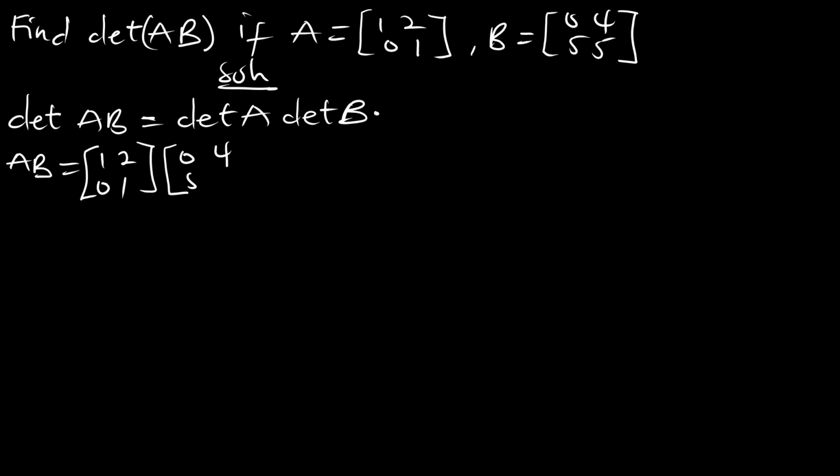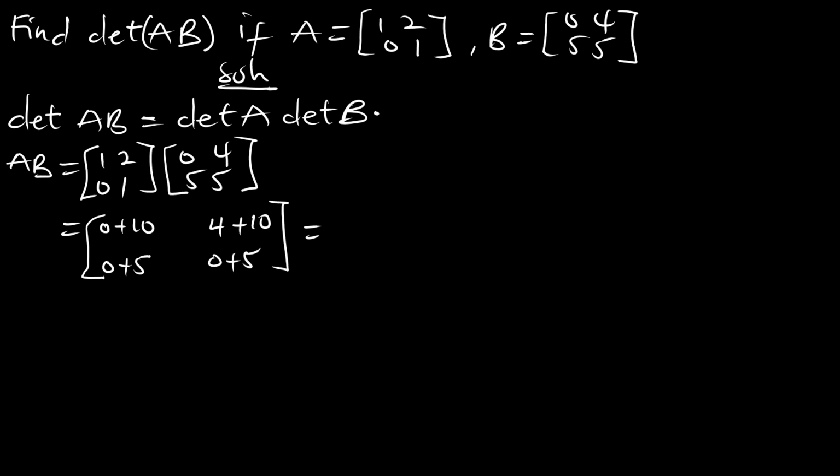We've already tackled multiplication of matrices, so this is going to multiply that, and the answer is going to be 0 plus 10 here. This is going to be 4 plus 10, and that will be 0 plus 5. You can check out the multiplication approach and get why we are getting this. So this matrix product will be 10, 14, 5, and 5.